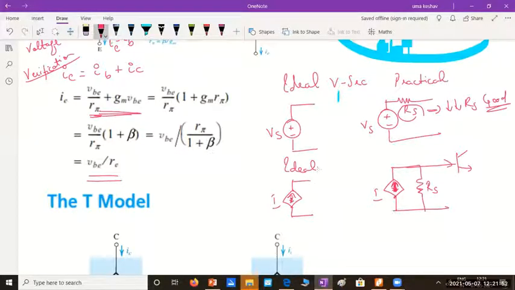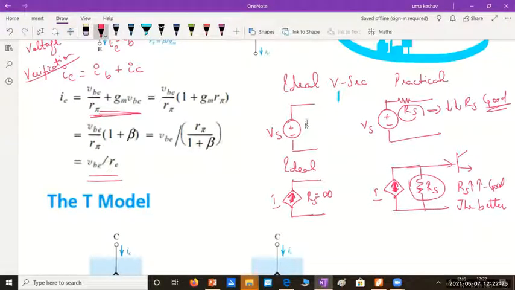Yes, here itself you are seeing in an ideal current source, what is the resistance? I don't include a parallel resistance, means that resistance is infinite. So in a practical current source, there will be some resistance, but the larger the value of it, the better the circuit. It will be good if I have large impedance in parallel with the current source.